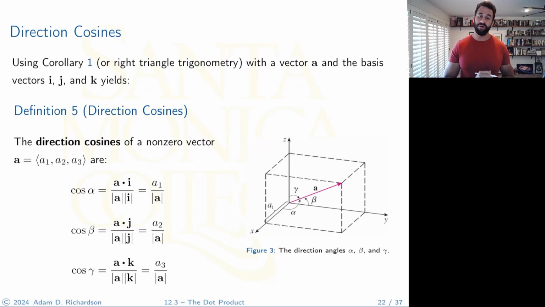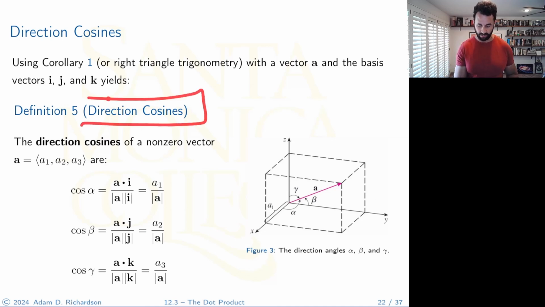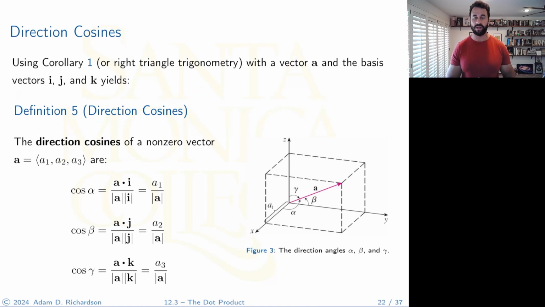Using the corollary above, or honestly at this point, just right triangle trigonometry, you can figure out what this angle is. You take your vector A and consider the basis vectors i, j, k. Use the formula we just derived, and you get what are called the direction cosines. So the direction cosines of a non-zero vector are these values. Cosine of alpha is this.